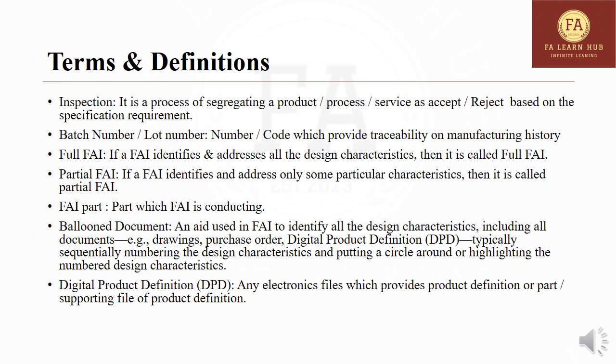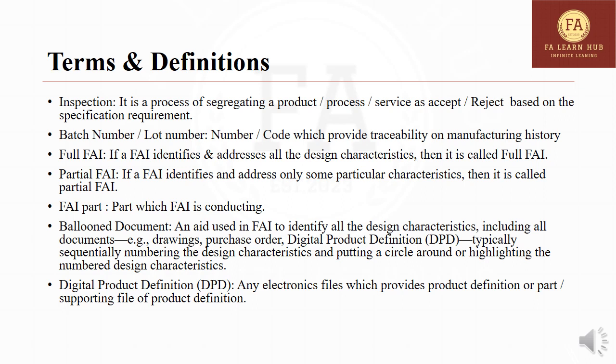That means the first requirement is identified as 1, the second requirement as 2, and like that we provide a unique number for each requirement in the drawing, purchase order, or digital product definitions such as DPD, such as Gerber. So none of the requirements will be missed out. This is for the accountability of characteristics or requirements for each document. So this is called a ballooned document.